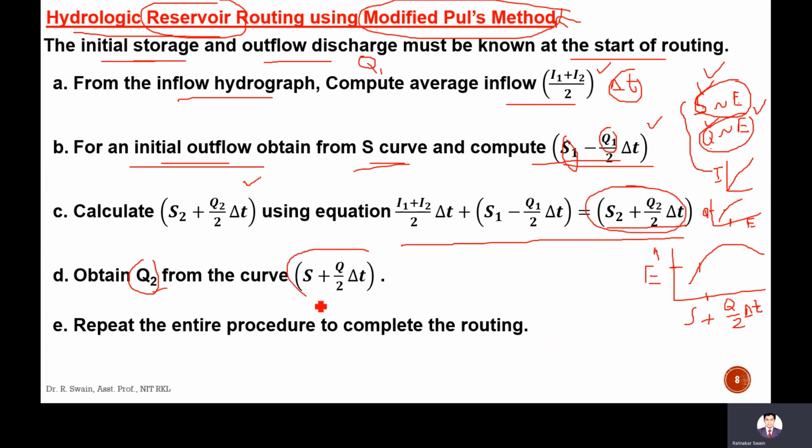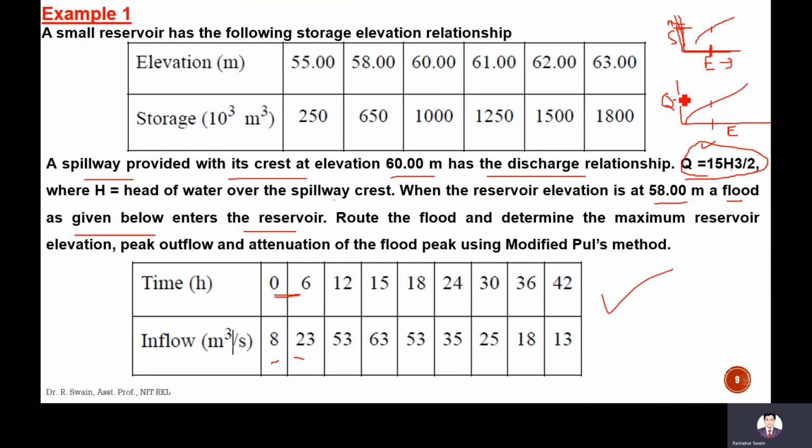Once you determine this, since S and Q are for the same set of E, we can plot S plus Q by 2 delta T versus elevation. This plot can be determined using these two curves.